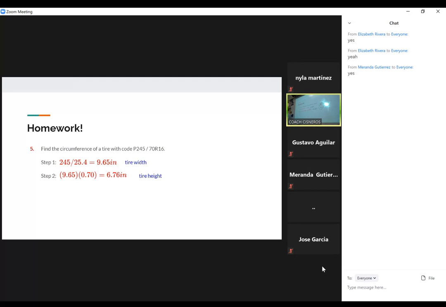I take the height and multiply by 2, and then I add in what? The 16. So take the 6.76 inches, multiply it by 2 to get the part across, and then add in the 16-inch rim. Let's see what you get in your calculator and then we'll see if you get it right.